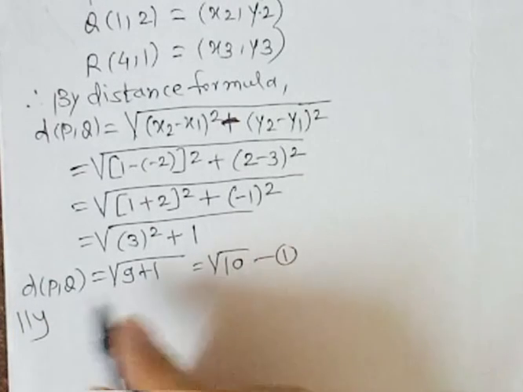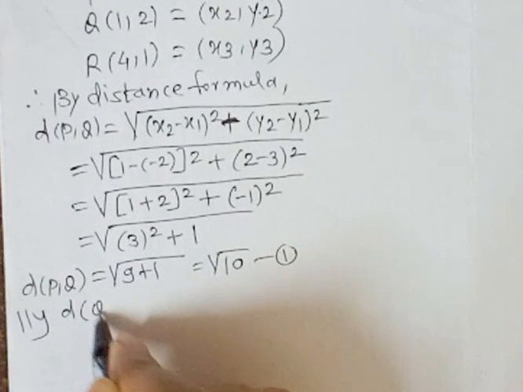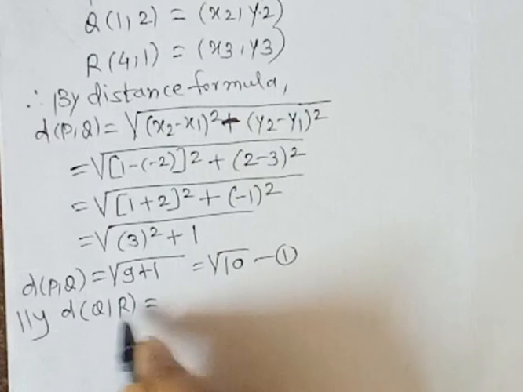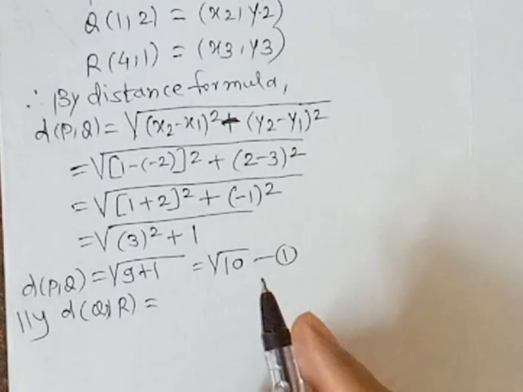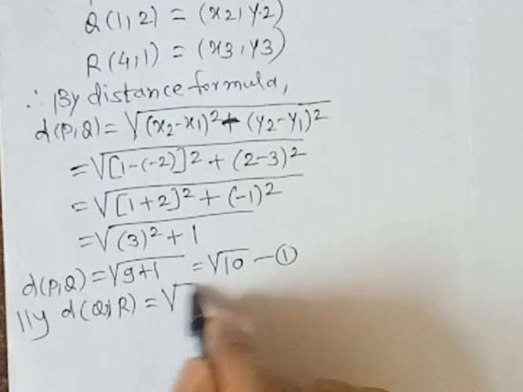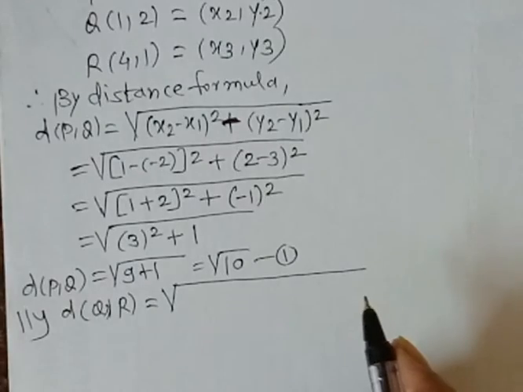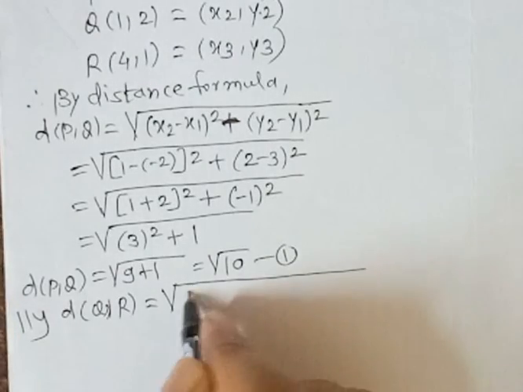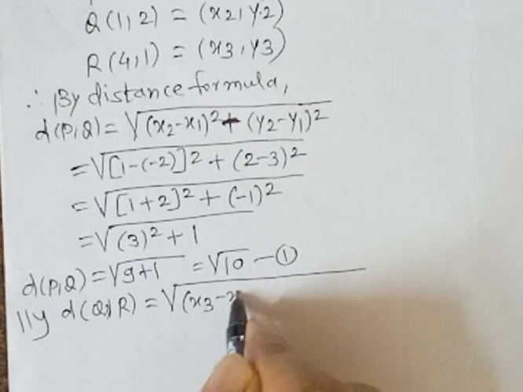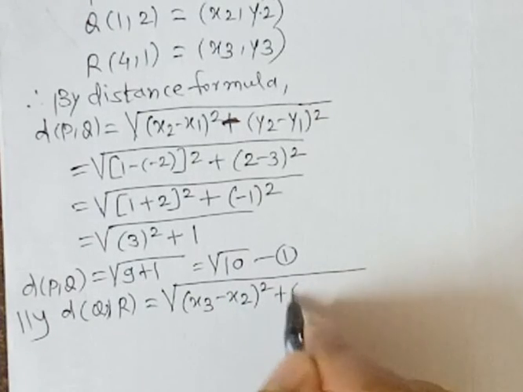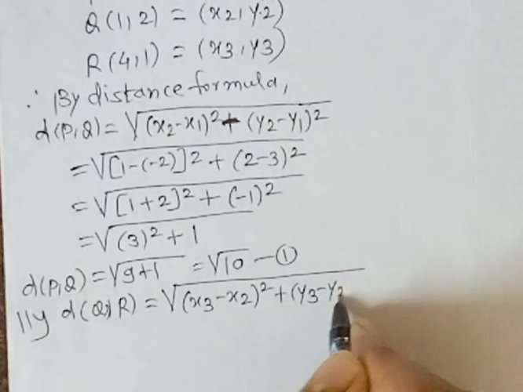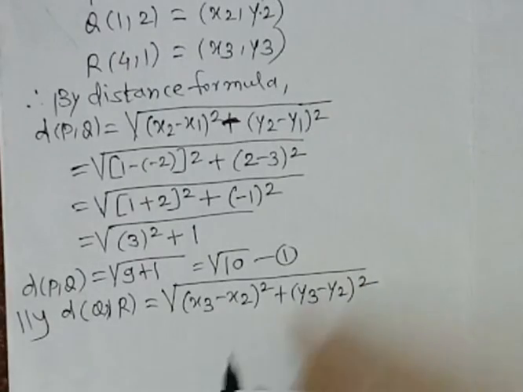Similarly distance QR is equal to under root (x3 minus x2) whole square plus (y3 minus y2) whole square.